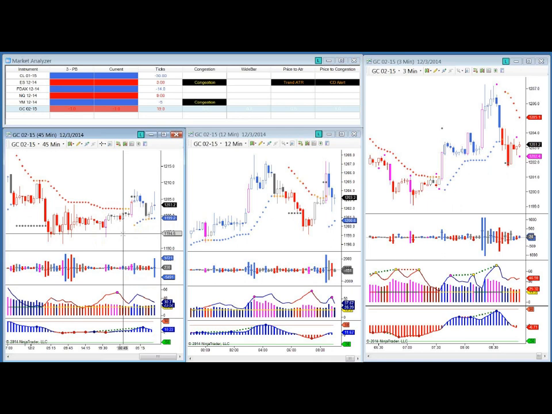On the 45-minute, I have set it to 20 ticks. So if it gets within 5 ticks of price on the 3-minute, it will turn orange. If it gets within 10 ticks on the 12-minute, it will turn orange. If it gets within 20 ticks over here on the 45-minute, it will turn orange. Does everybody understand that?